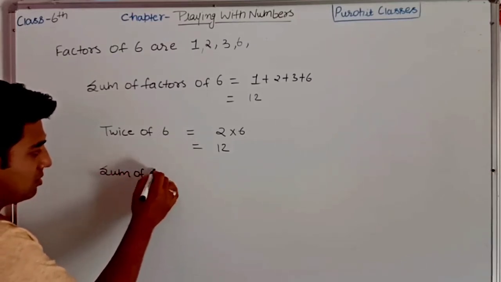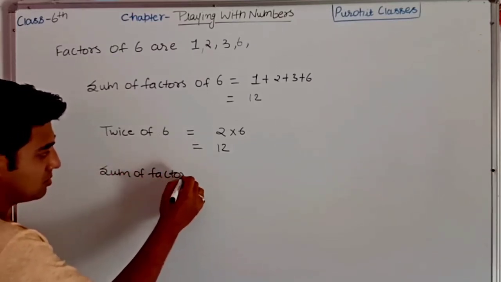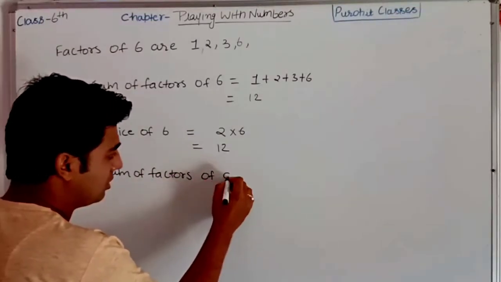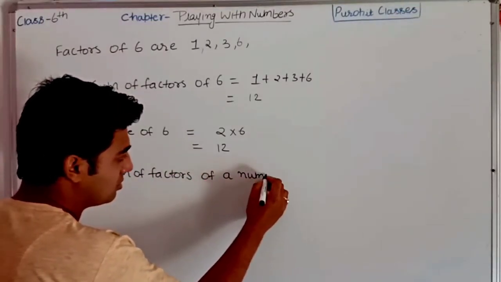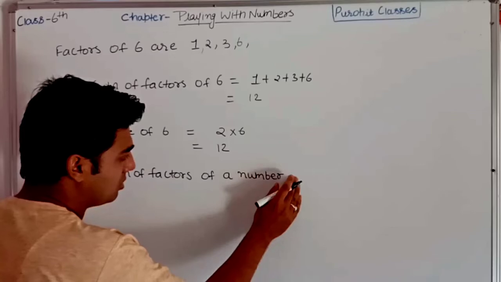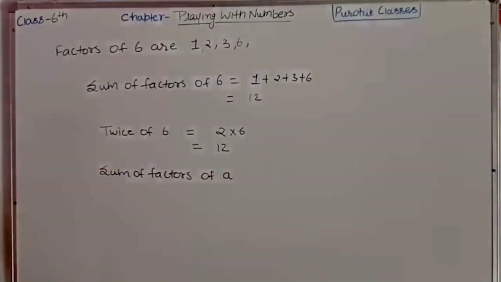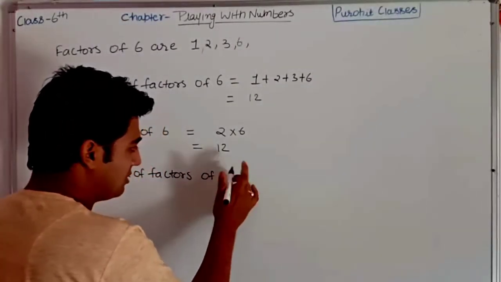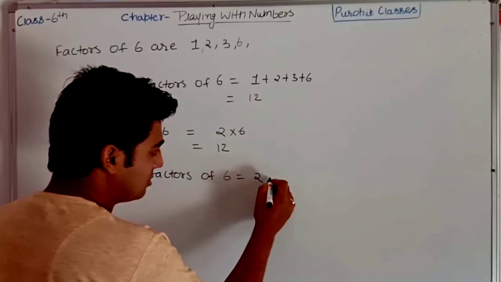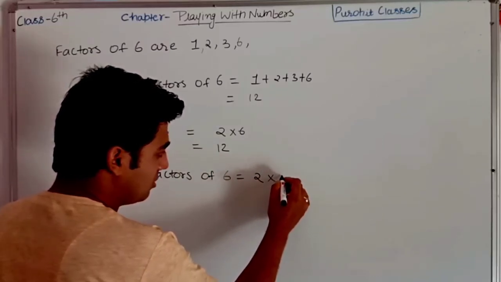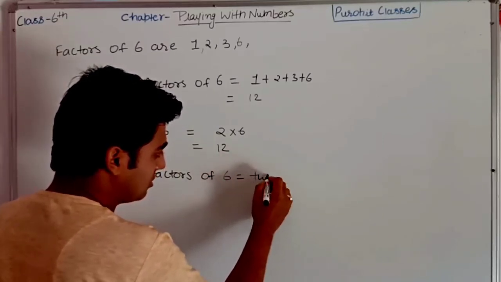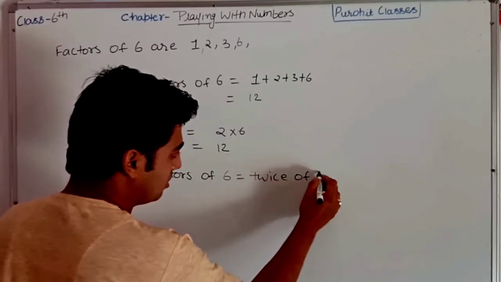Sum of factors of 6 is equal to twice of 6.